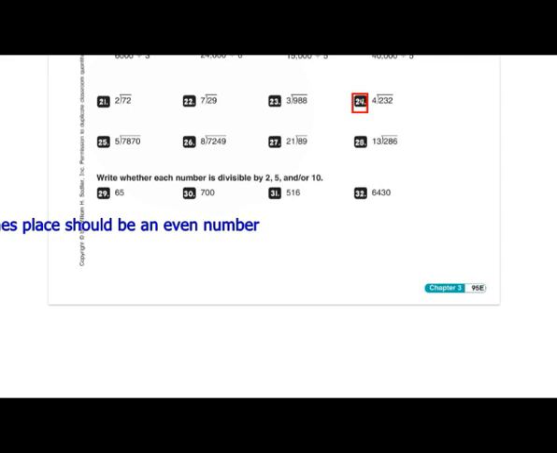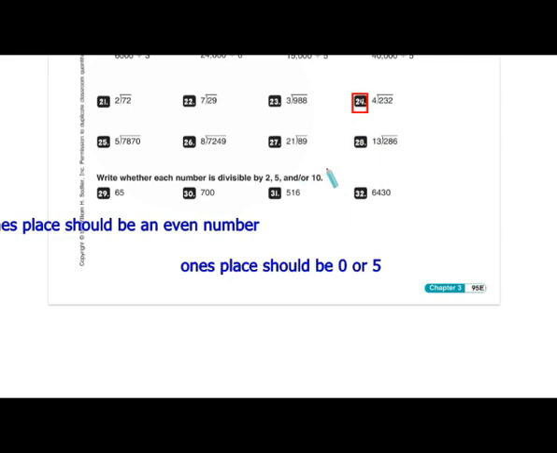For number 5, to know is this number divisible by 5, the ones place should be 0 or 5.